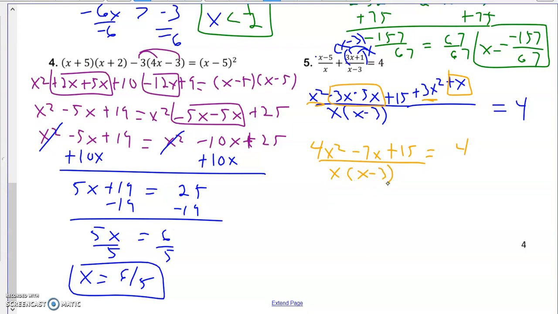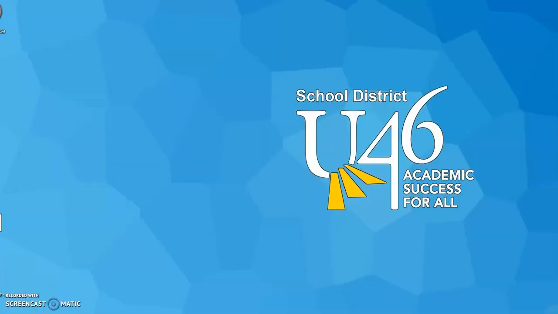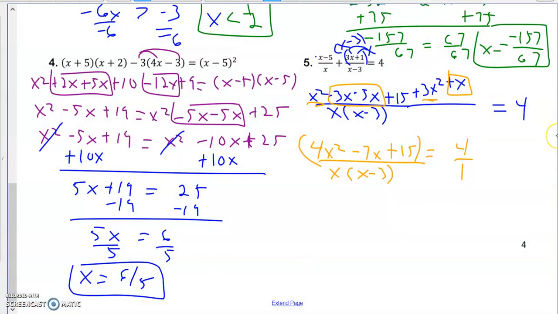Now, I want to get rid of the denominator, so I'm going to multiply it by the denominator. Remember, this is 1. So, we're going to multiply this by x, and then x minus 3, and then x minus 3.